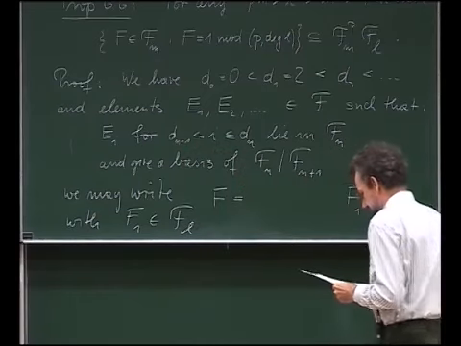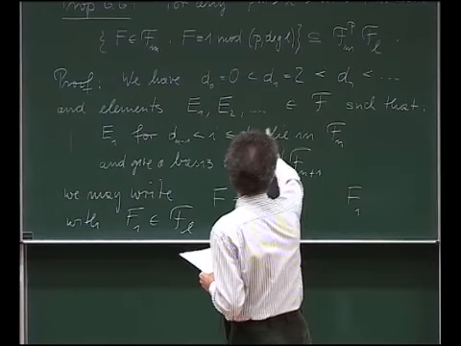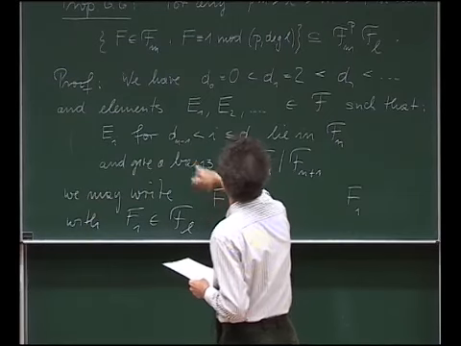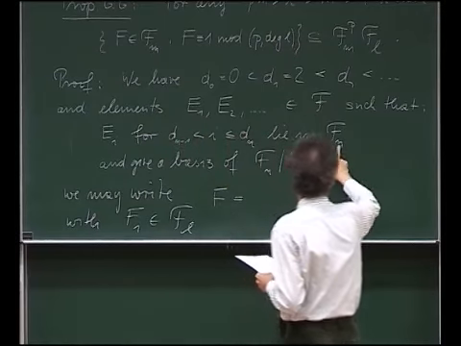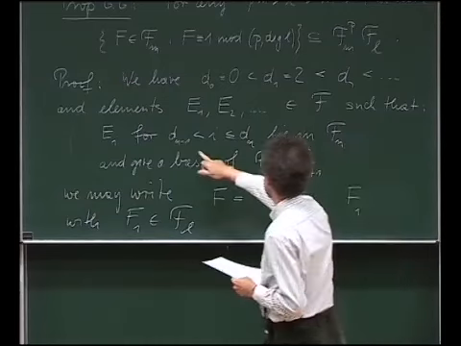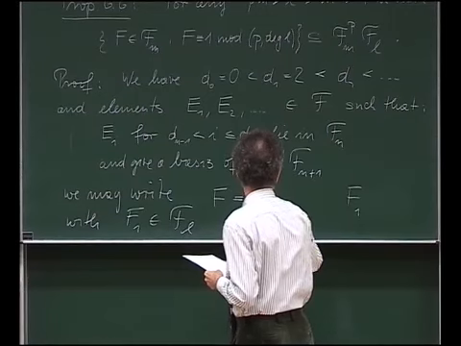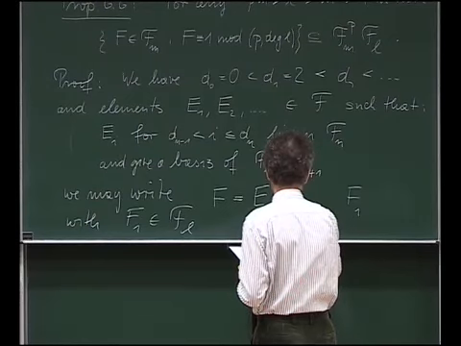So there is some f1 in F_L, and for the rest I can use these basis elements to write it down. Since it lies in F_m, it starts only with basis elements in F_m.